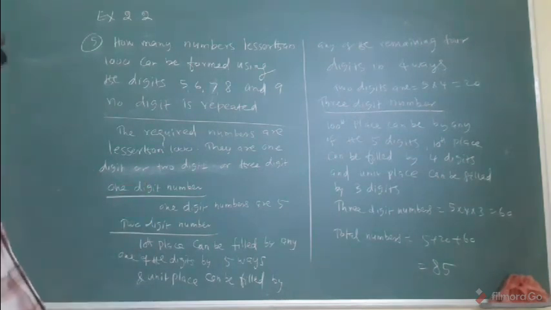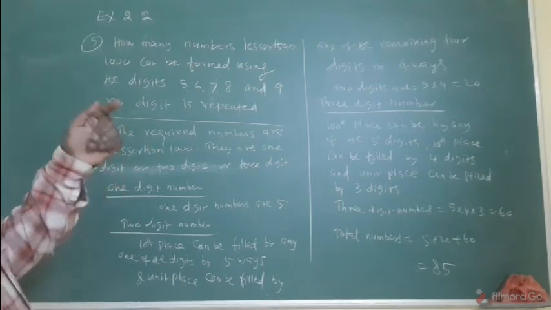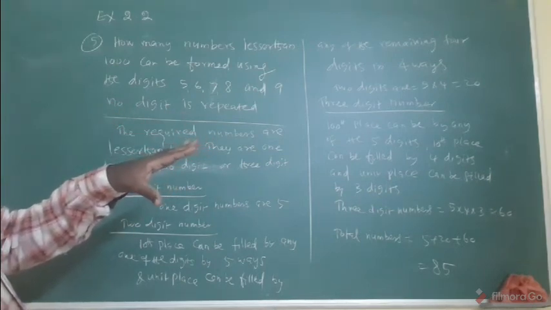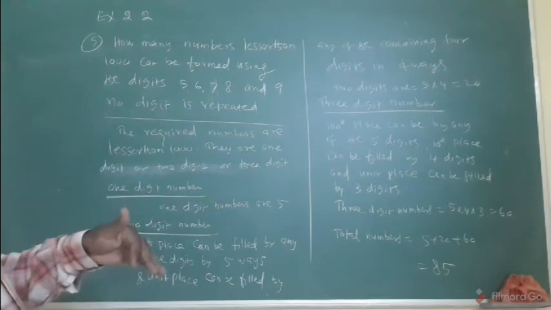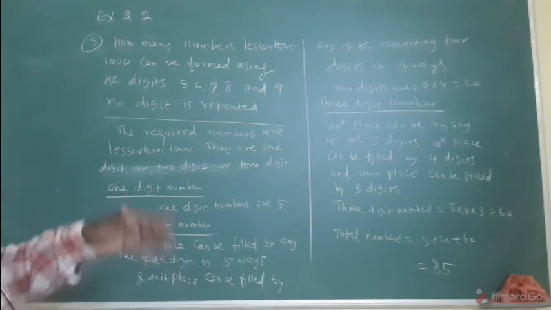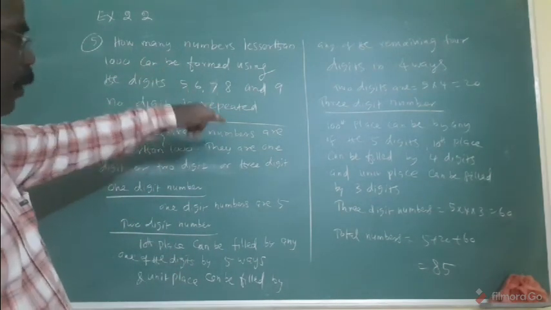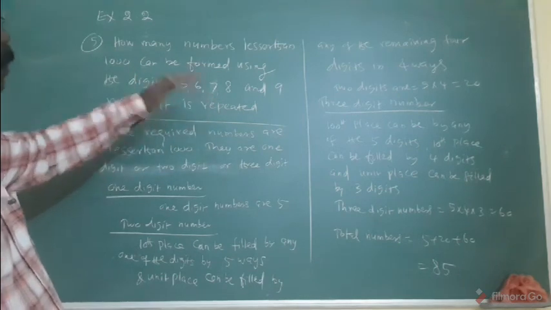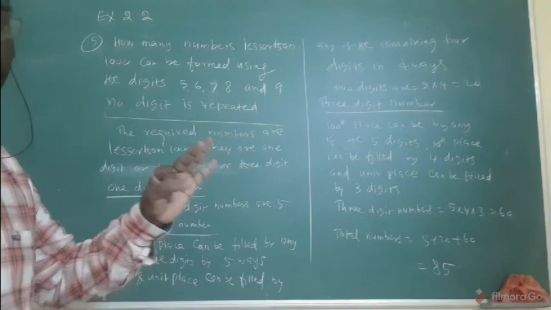3 digit numbers. The hundreds place can be filled by any of the 5 digits, 5 ways. The tens place can be filled by the remaining 4 digits. The unit place can be filled by 3 digits. After putting 1 number, 4 numbers remain, and after putting another, 3 numbers remain, because for a 3 digit number we need 3 numbers.